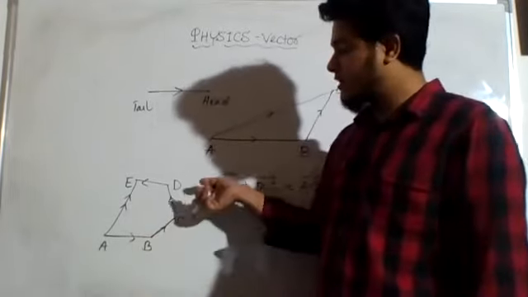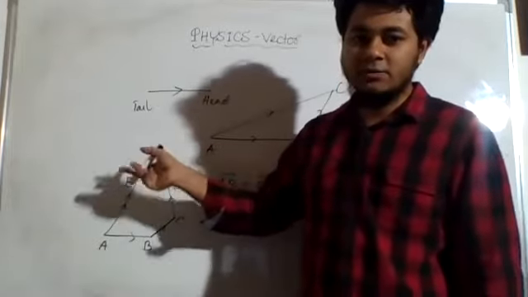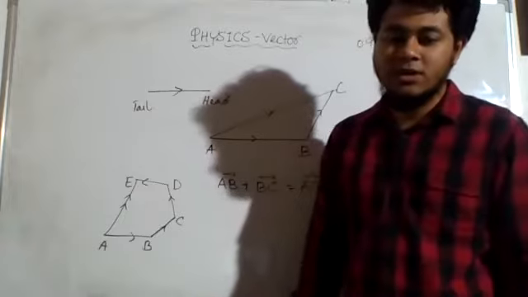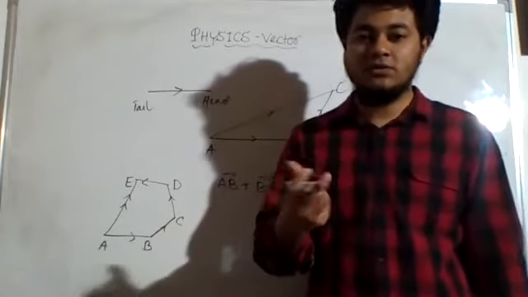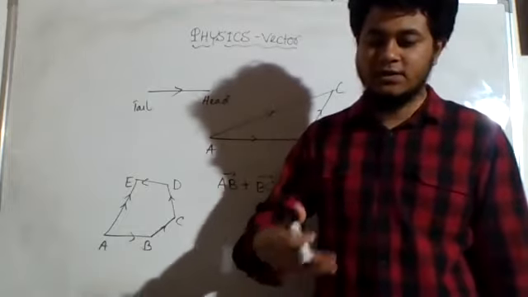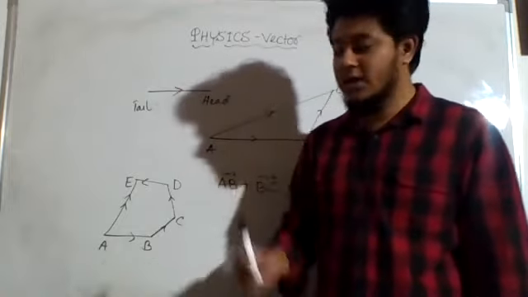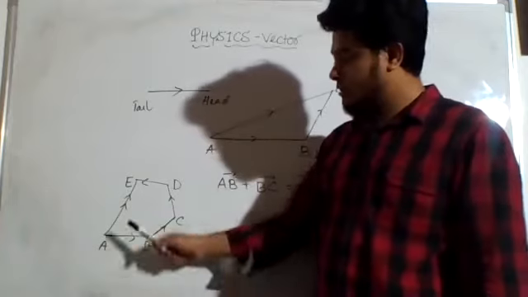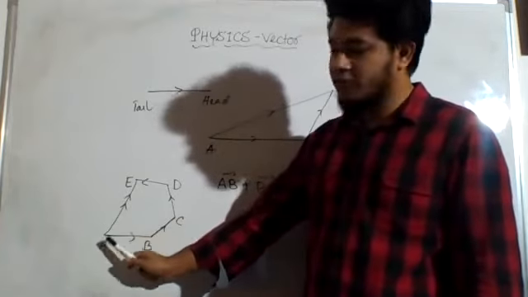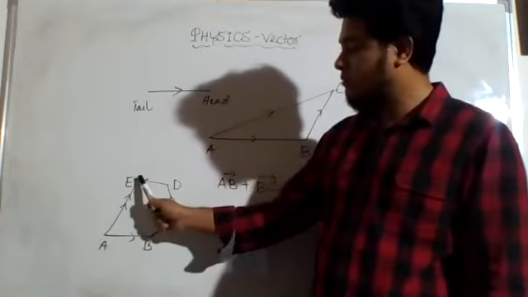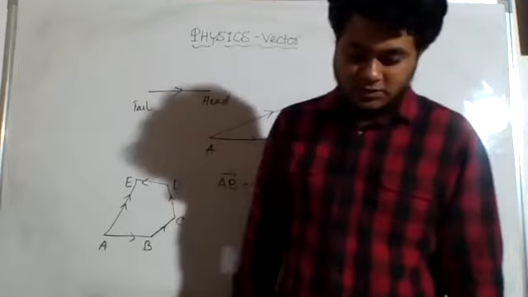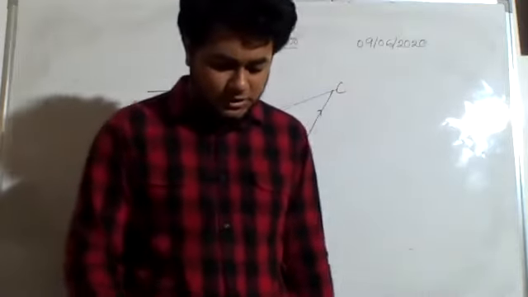So if we arrange multiple vectors one after another and want to get the resultant, that vector will start from the initial point, or I can say tail, of the first vector, and it will end at the head of the last vector. Okay, so this is what is mentioned here.